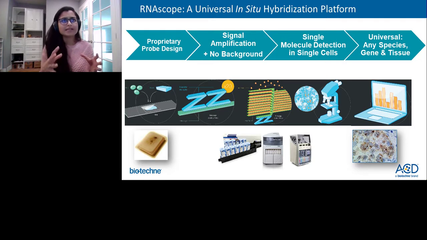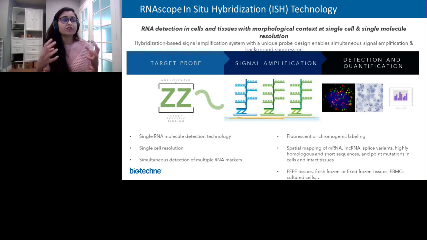The RNAscope assay is perfectly designed to perform gene expression analysis with spatial resolution in really complex and heterogeneous tissues like the tumor, where you have different cell types interacting with each other.